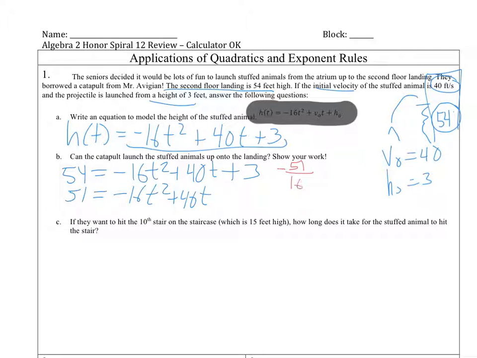If I divide everything by -16, I get -51 over 16 is equal to t squared plus 40 over 16t. If I split that up, I get t squared plus 20 over 16t plus 20 over 16t, and that's equal to -51 over 16.